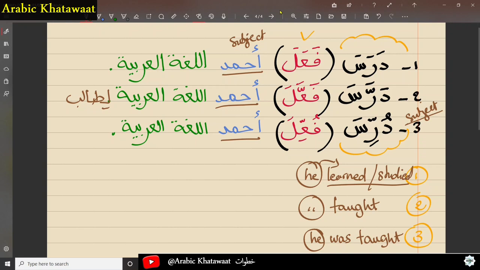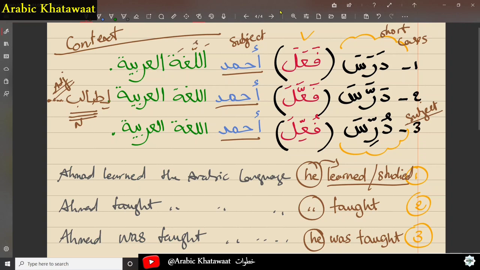Some students come to me and say, what if the text is displayed without short cases? How am I going to know if the words don't have short cases? This is why we learn through context, the entire text or what you're talking about. درس أحمد اللغة العربية.